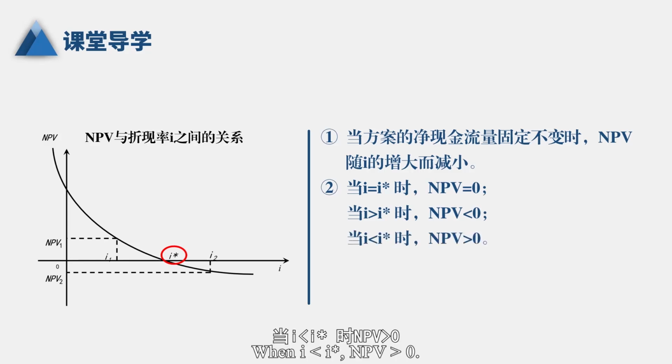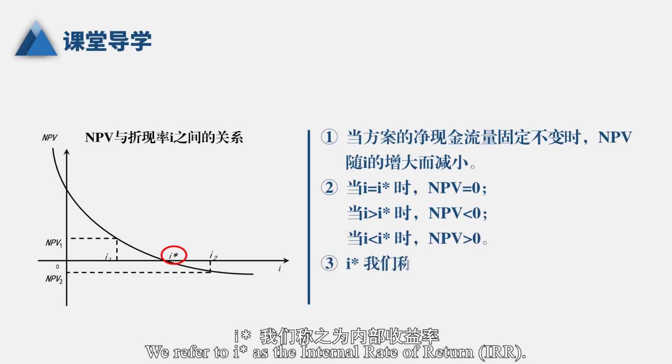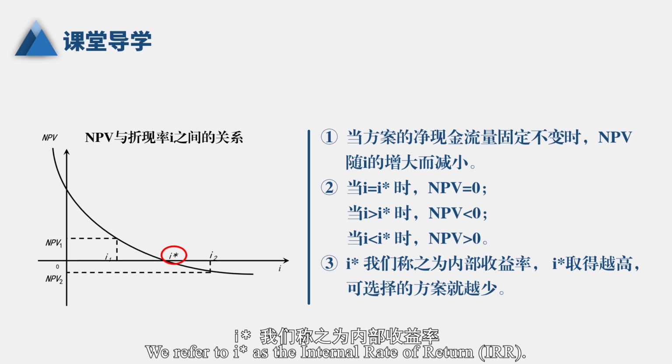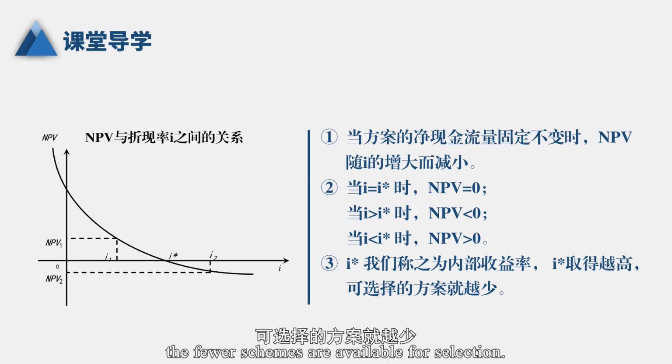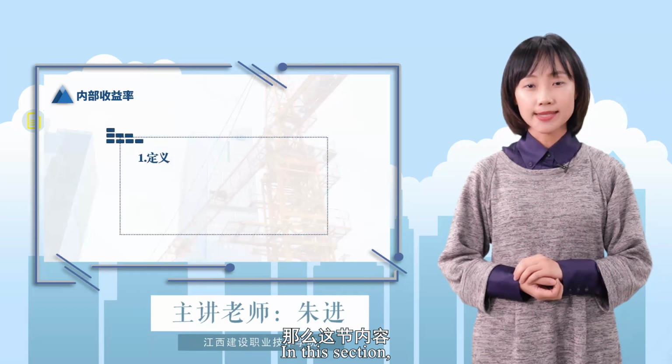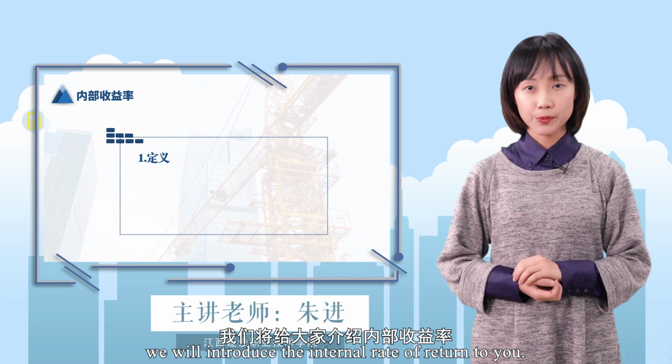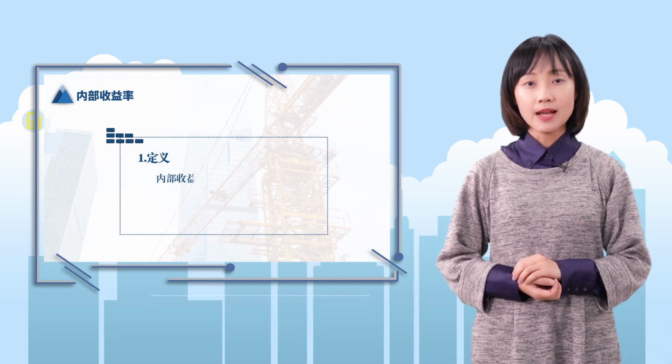When i is less than i asterisk, NPV is greater than 0. We refer to i asterisk as the internal rate of return, IRR. The higher the i asterisk, the fewer schemes are available for selection. In this section, we will introduce the internal rate of return to you.